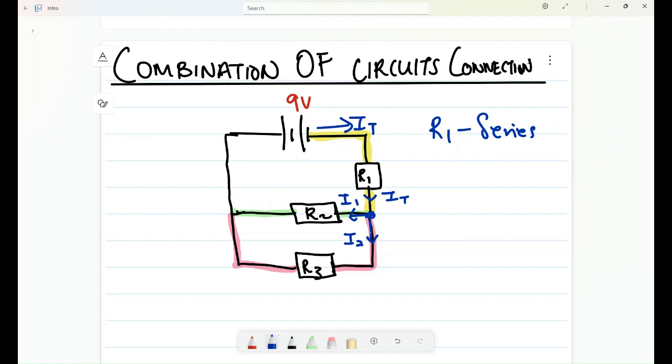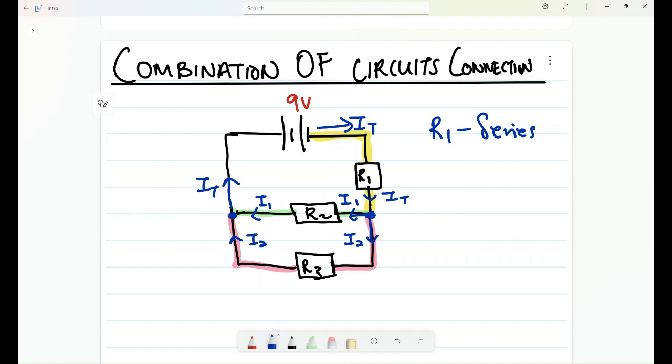So can you see that the current has split here into two branches. Then this is still my I2, this is still my I1. But immediately when they reach here, they just combine, right? I have I1 plus I2, which is what? IT. Then I have my IT moving from this point to there until it goes back to my source and repeats the same cycle again.